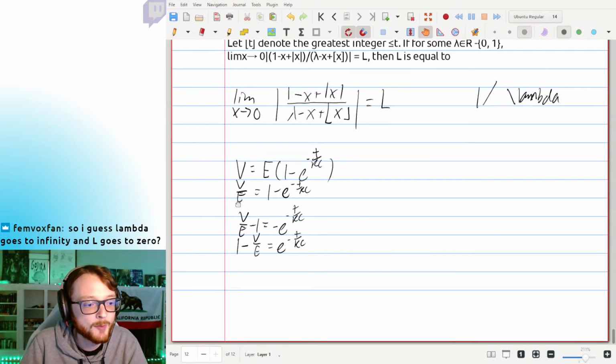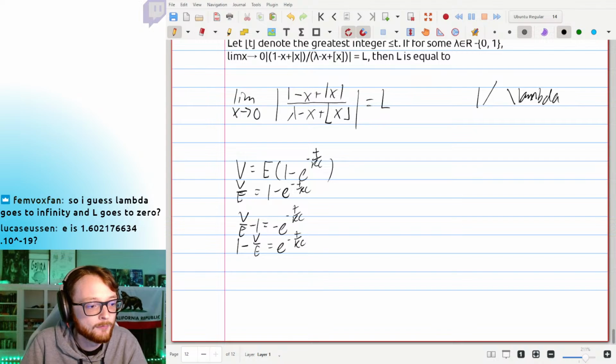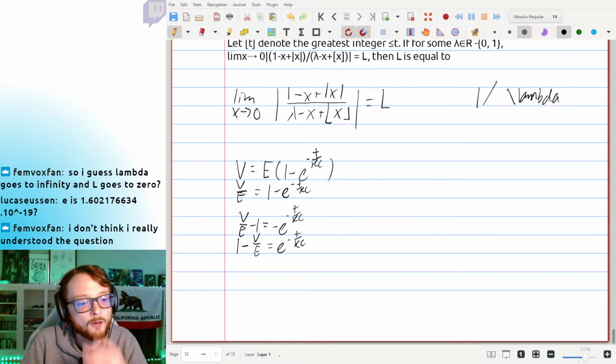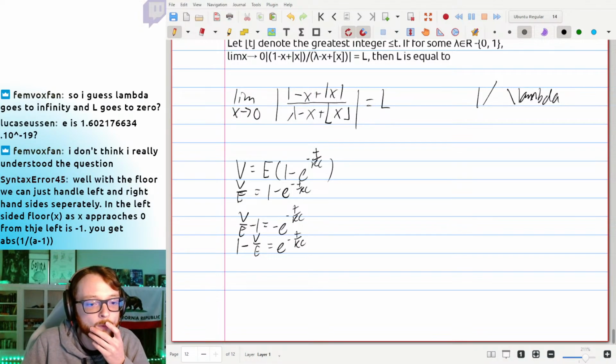Okay, and so now from here, we want to solve for this T over RC thing, but it's trapped in the exponent with E. So what you do is you take the log of each side with the base of E, or whatever your base happens to be, but we have E here.